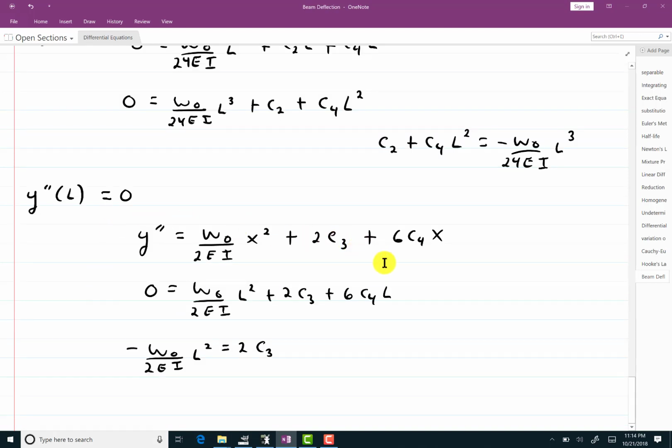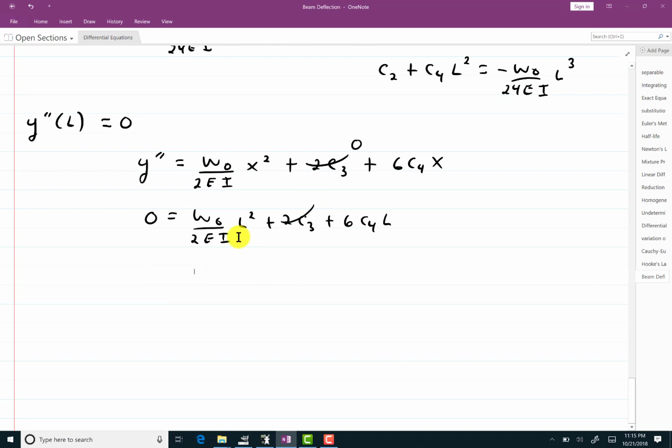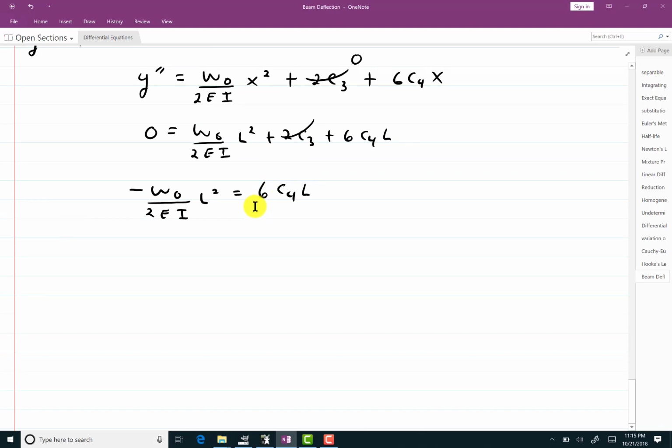All right, recall though, c3 was equal to 0, so I can take that out of there. Let me solve for c4 here. I will subtract, okay, I will divide by 6L. So now I've got c4.